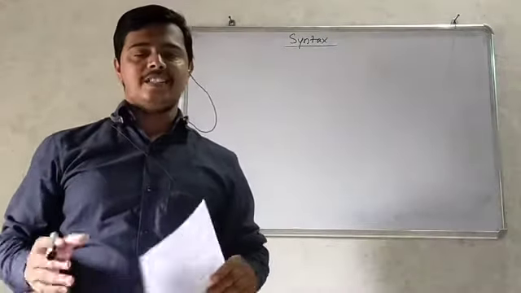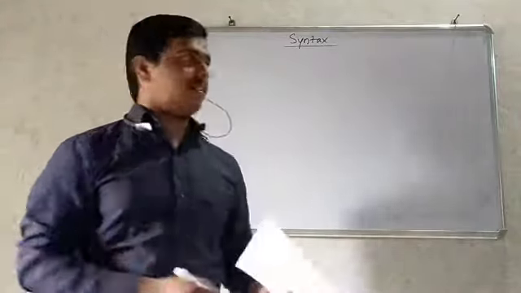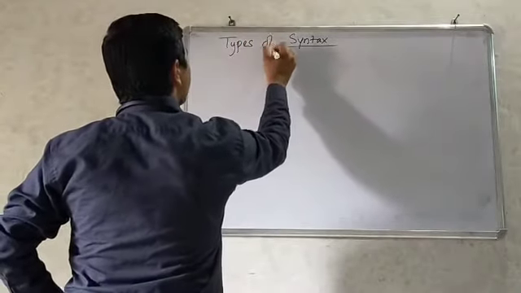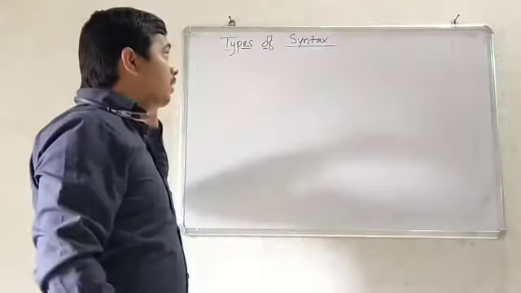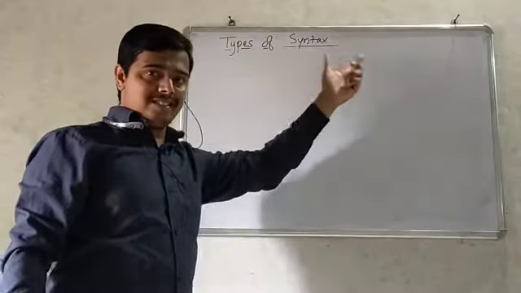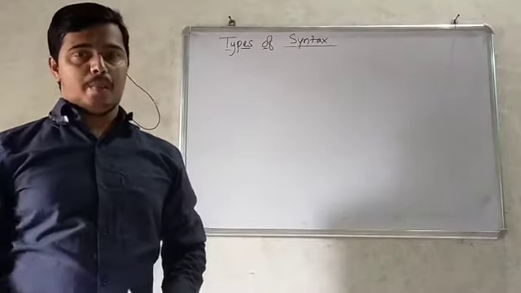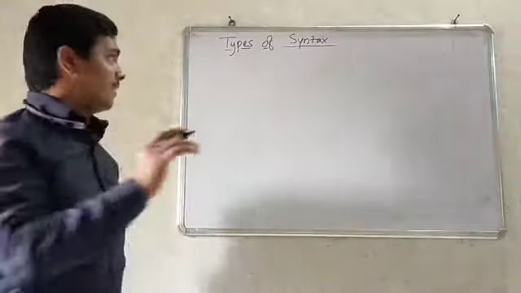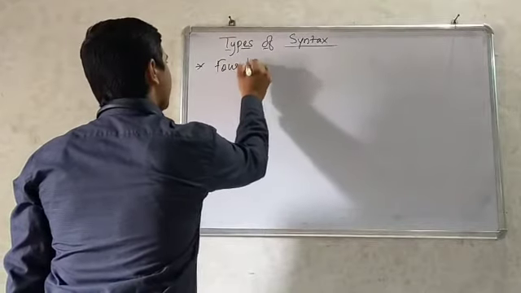Now let us see the types of syntax, or the types of sentence structure. Both are the same. In modern English grammar we find that there are 4 types of syntax.